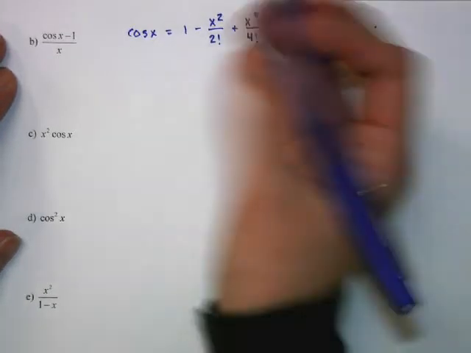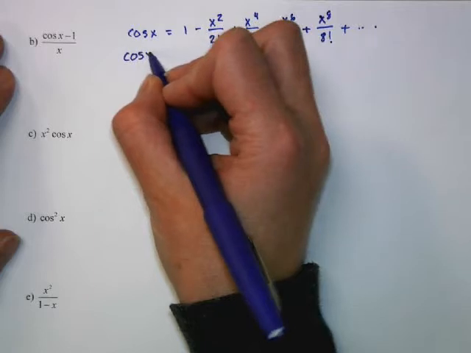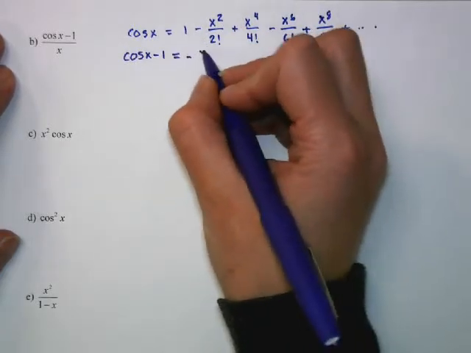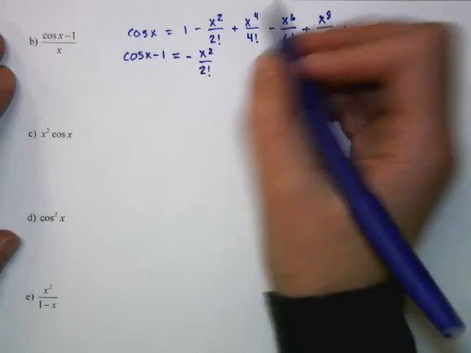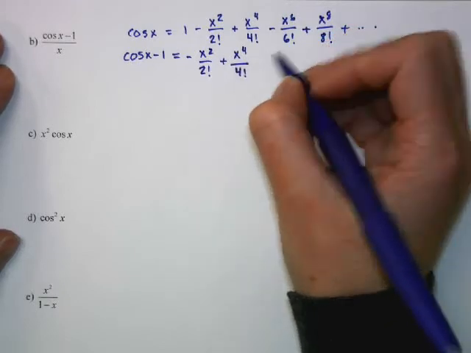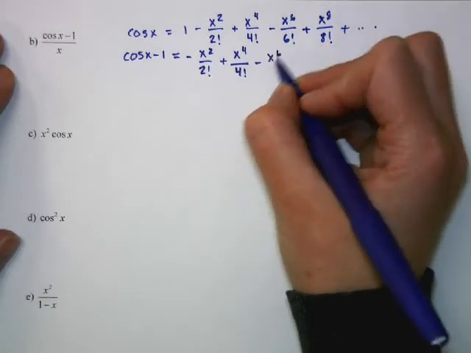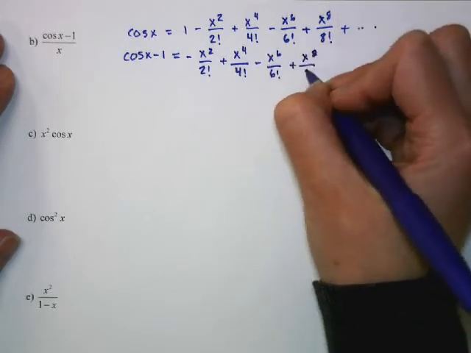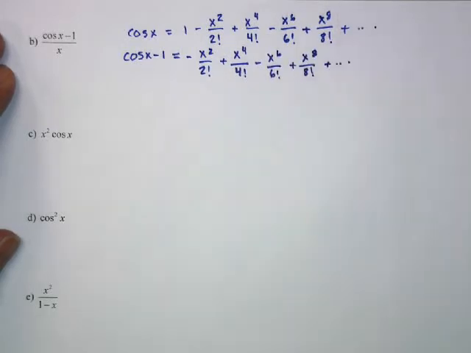Okay, then I'm going to subtract 1. So cosine of x minus 1, we'll subtract that 1. So we have negative x squared over 2 factorial plus x to the 4th over 4 factorial minus x to the 6th over 6 factorial plus x to the 8th over 8 factorial.